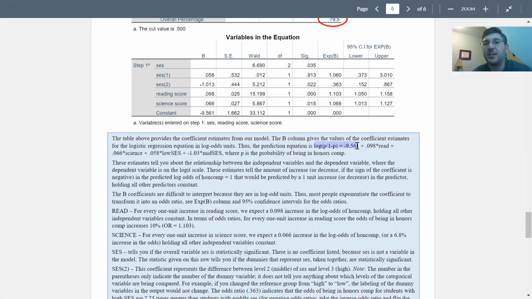You can take the constant plus your unstandardized coefficient for each one of your terms times that term: 0.098 times reading plus 0.066 times science, and so on, and you can get your regression equation if you need to calculate that. Remember, the regression equation is in log odds.